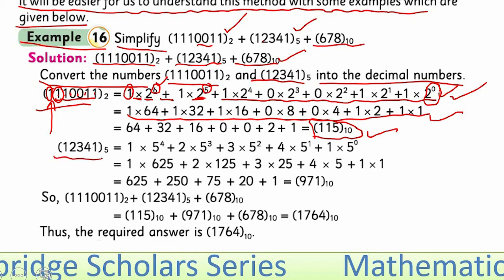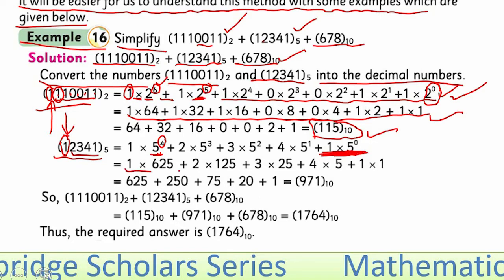Similarly, first convert 12341 with base 5 into the decimal number system. You know the procedure. First, write 1 and multiply with the base having power 4. Why 4? Because there are 4 digits after the first digit from the left side. Continue this procedure till the base number having power 0.